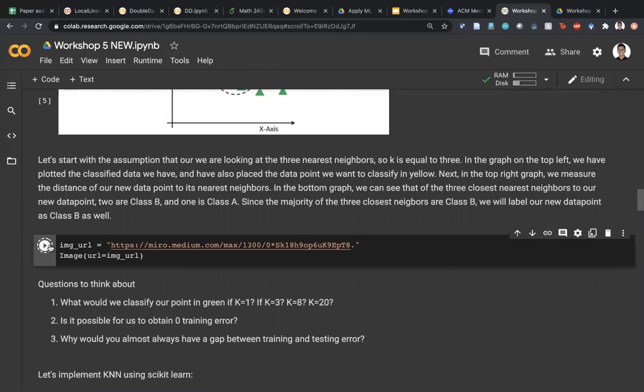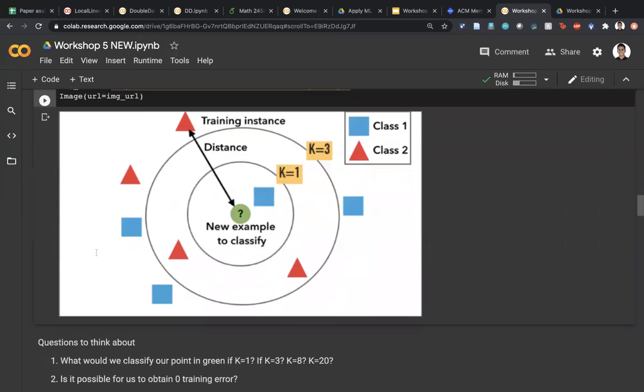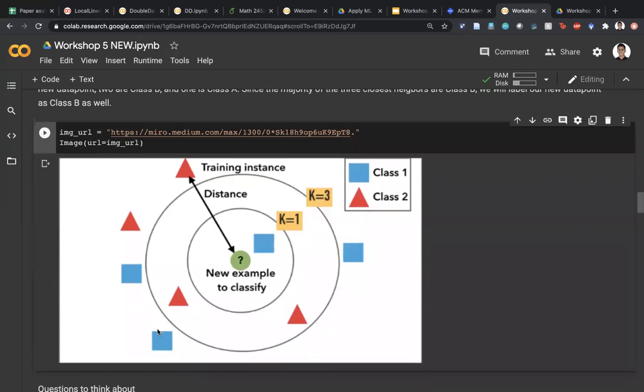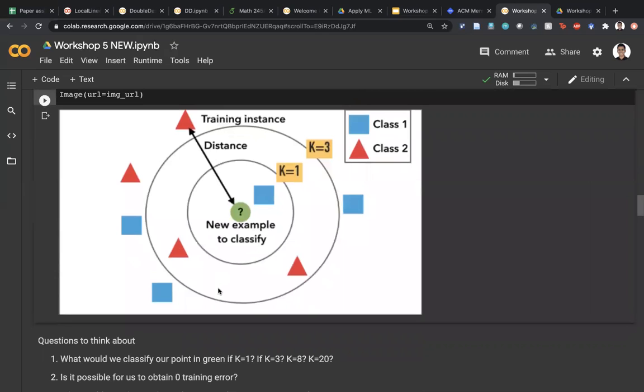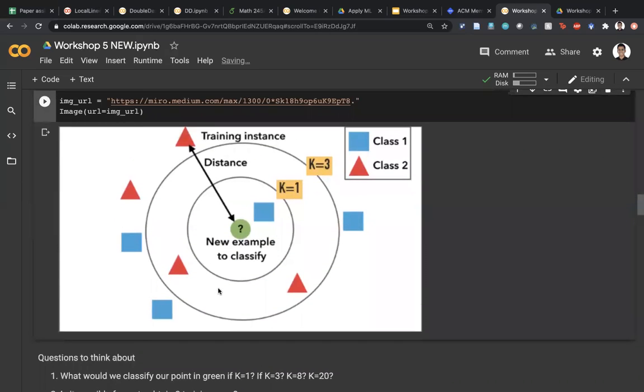So let's go ahead and take a look at this. How do you think we would decide the best value of K? And do you think there are any bad values of K?